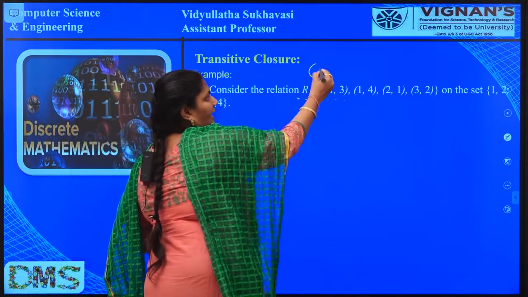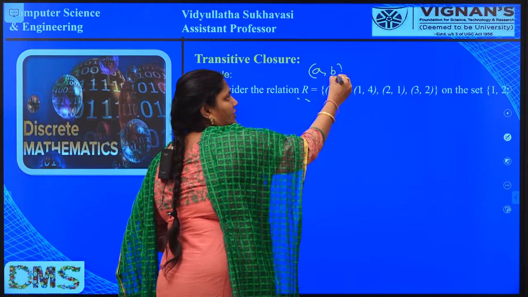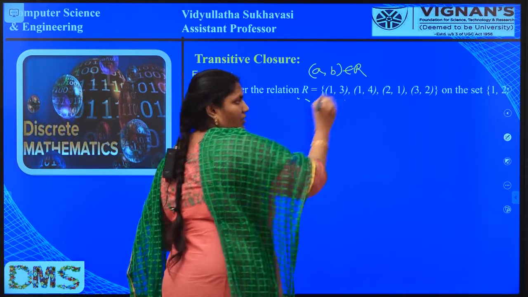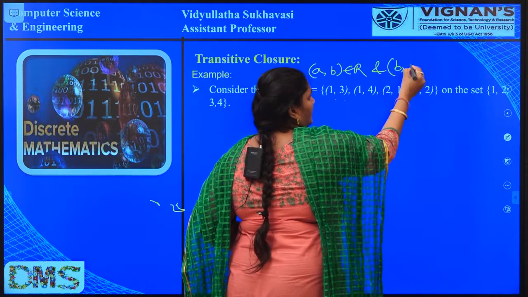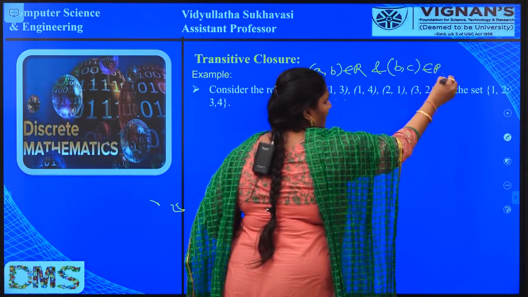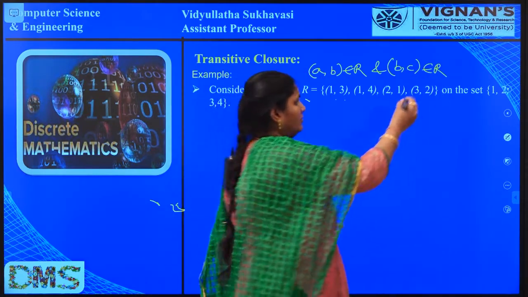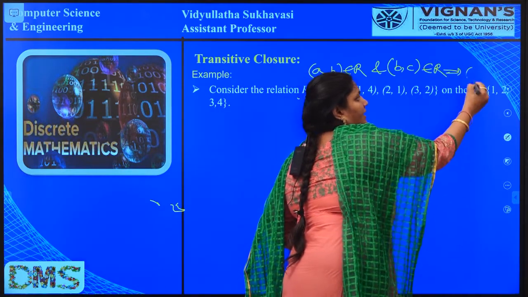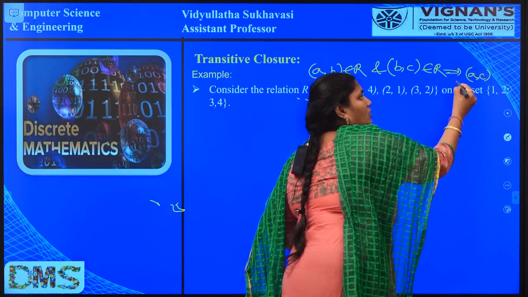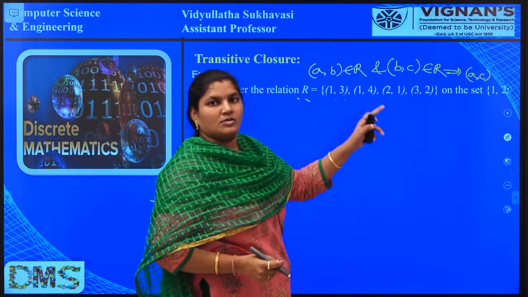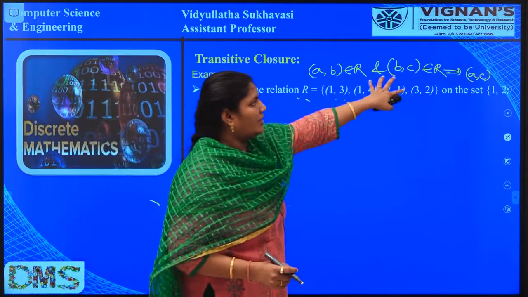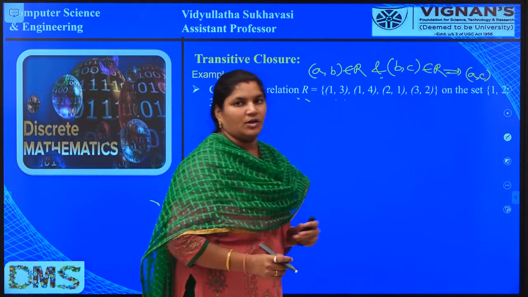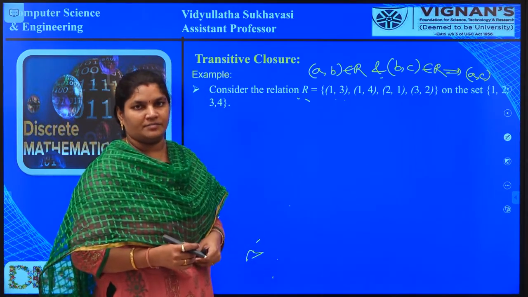If A comma B belongs to relation R and B comma C belongs to relation R, then A comma C also belongs to the relation R. That means if these two ordered pairs are present, A comma C also should belong to R.